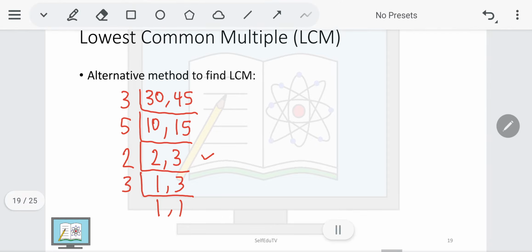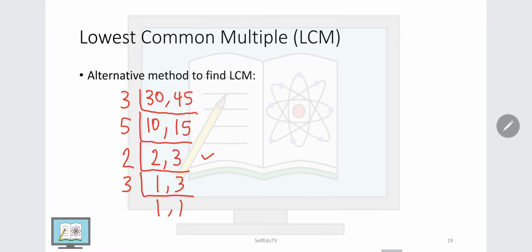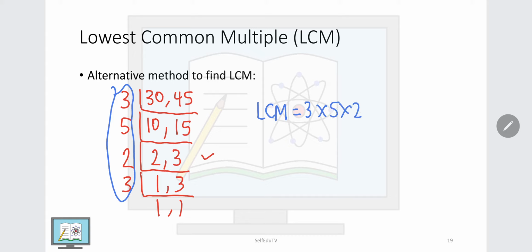To get LCM, I have to multiply all the numbers here. Generally the process is the same as HCF, but you continue the division until you get 1, 1 in the end.